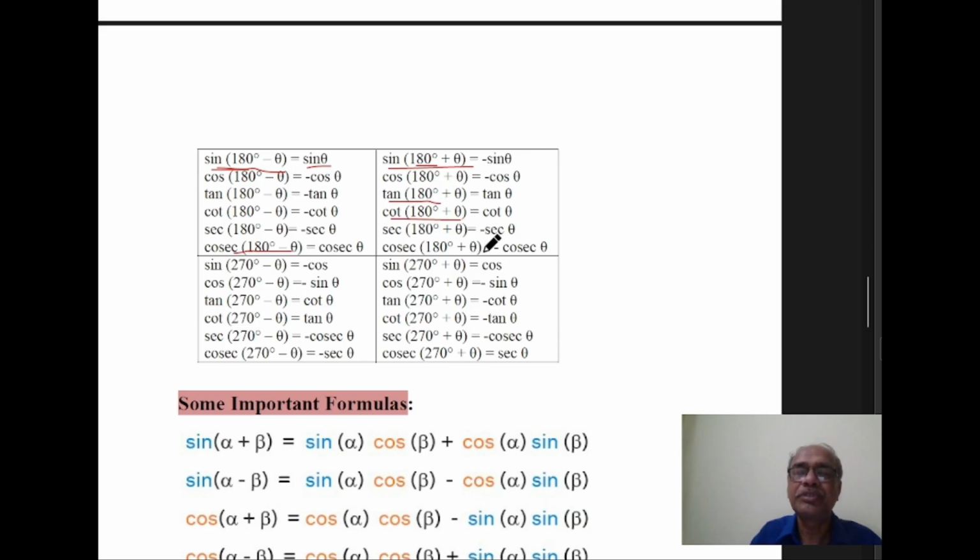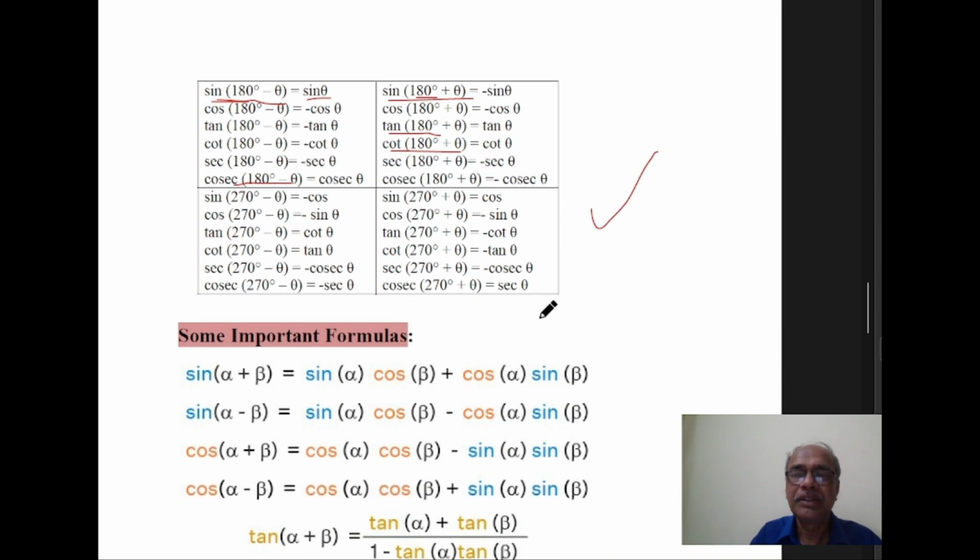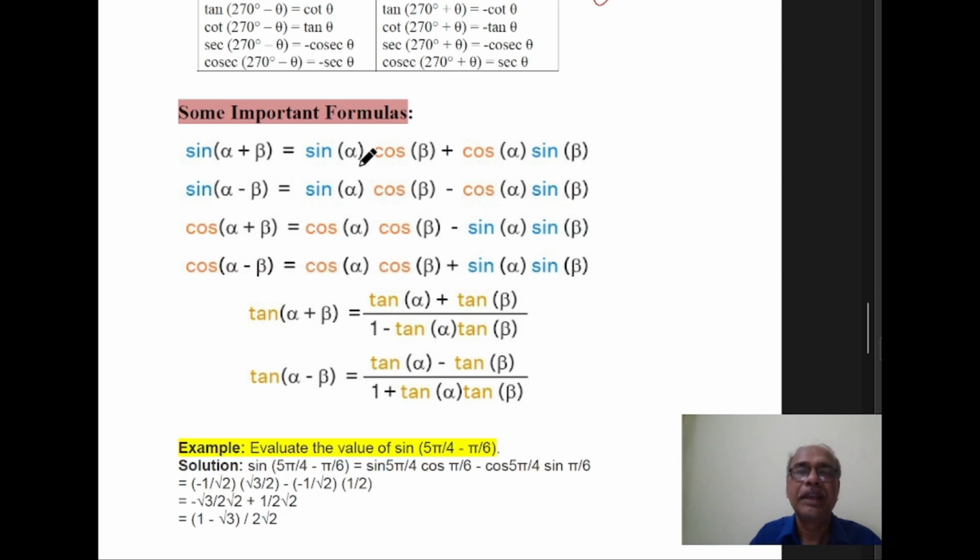Choose the sign as positive, and as it is the multiple 90 into 2, the even multiple, it will be kept the same. Okay. Similarly, we are getting this table. So if you remember this table also, and another formula is that sin alpha plus beta.